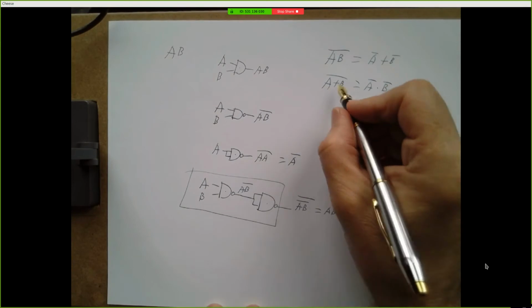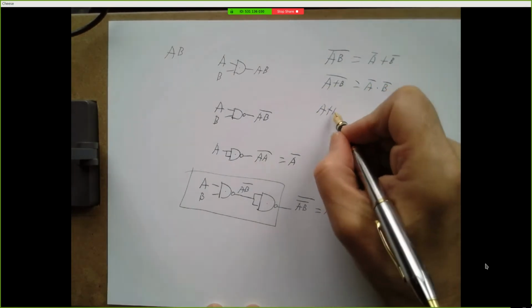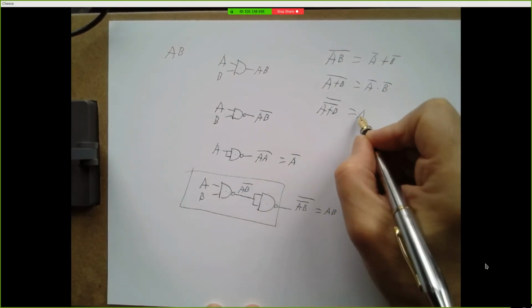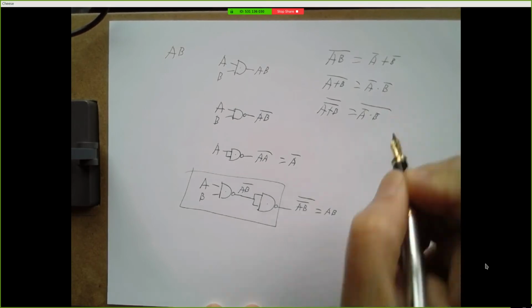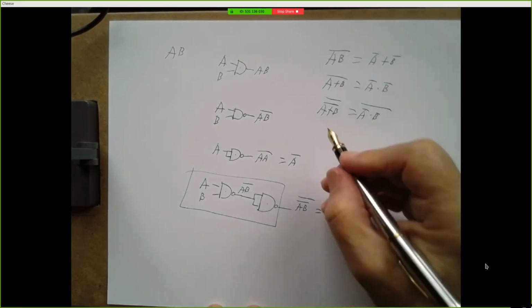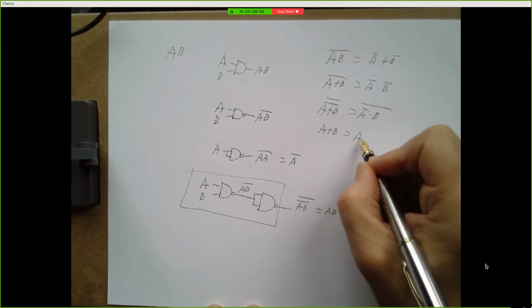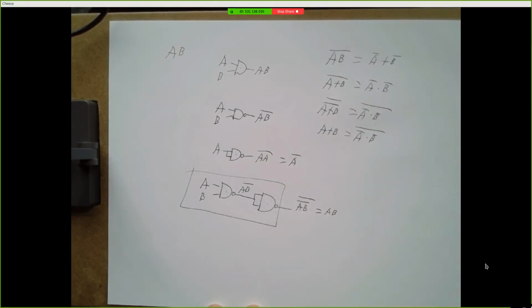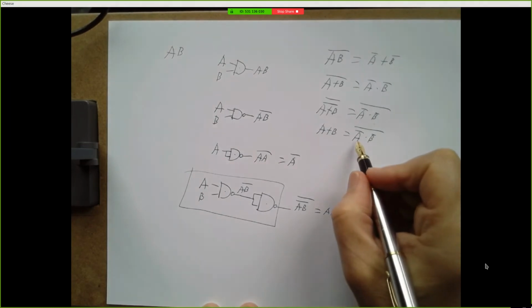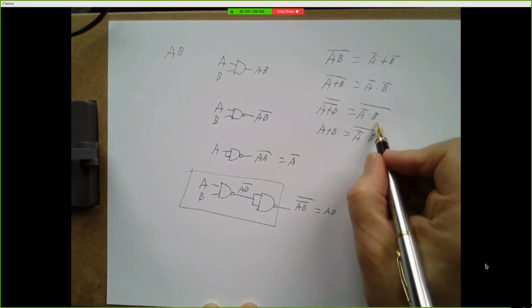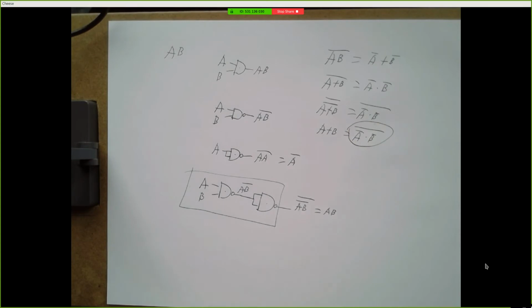Well, if I negate both sides of this, I get this equation, and the double negation of A OR B is just A OR B. And so if I take A and negate it, and I take B and negate it, and I take the NAND of those, I get an OR gate.